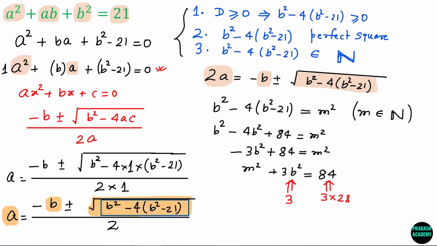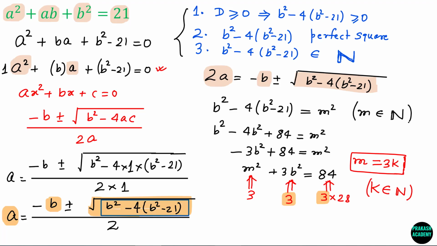This means this has a factor of 3, and this also has a factor of 3. This means m square should also have a factor of 3. So this suggests that I can write m is equal to 3k, where k is a natural number. So k belongs to the natural number set.